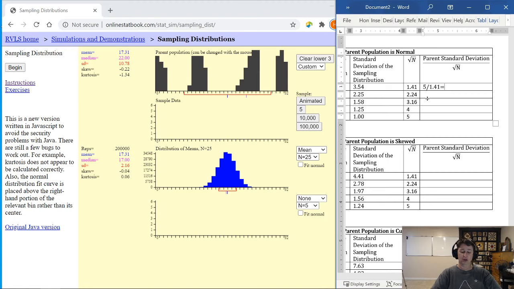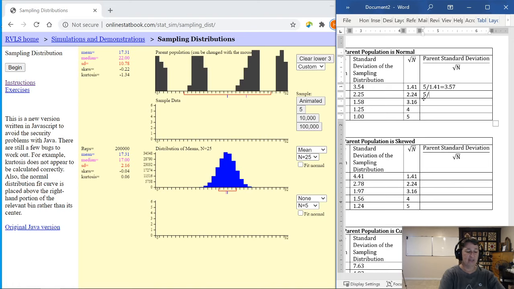You can do this at home too. Just take out your calculator and do 5 divided by 1.41 and see what you get. I got 3.57. I'm going to do that for each one of these. In this case, my parent standard deviation was still 5.